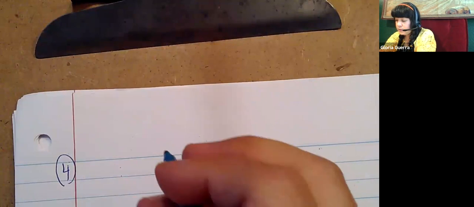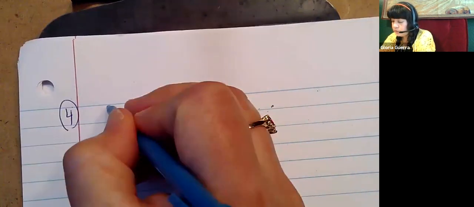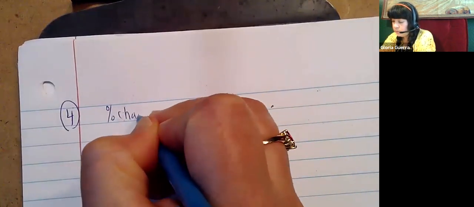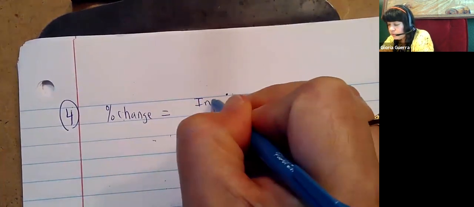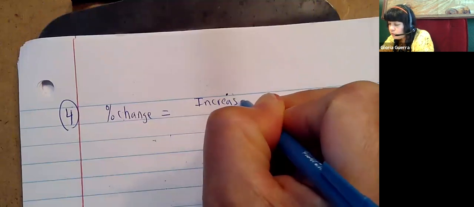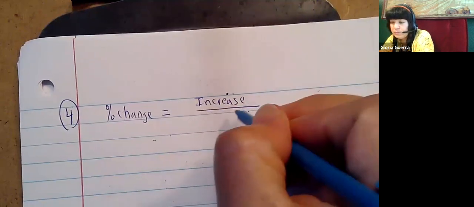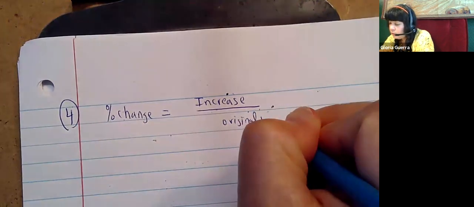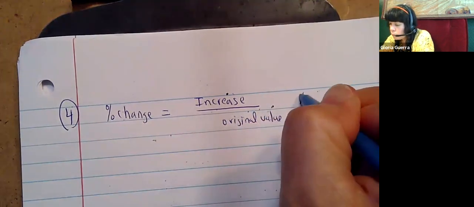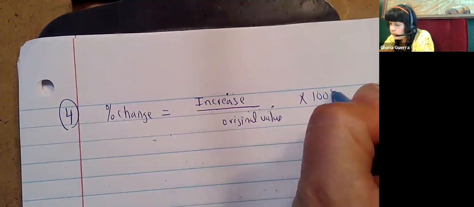Okay. So on my paper, when I do number 4, the formula is a percent change formula. And since we know it's an increase, instead of putting increase or decrease, if you want to just put increase, that would be fine, over the original value times 100%.